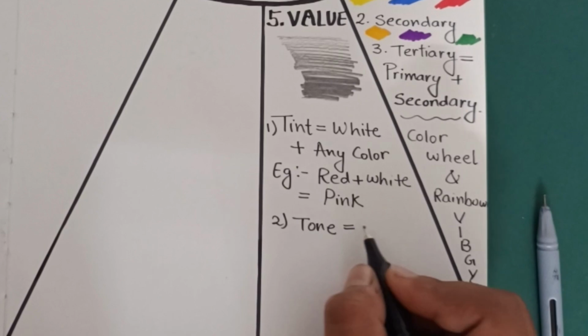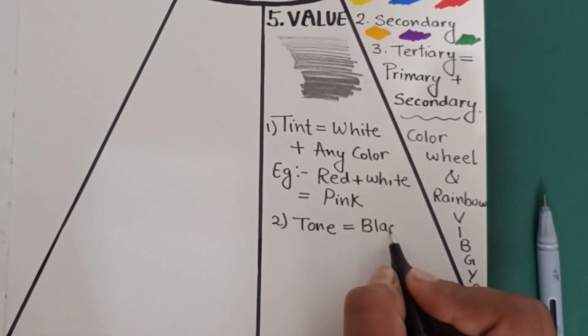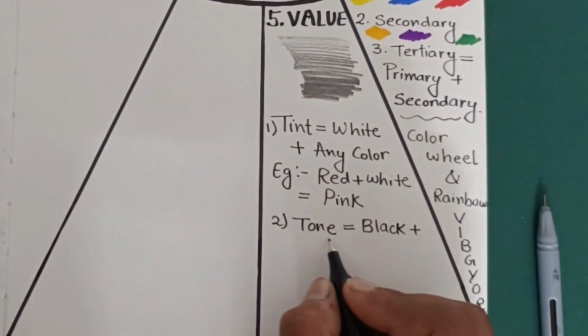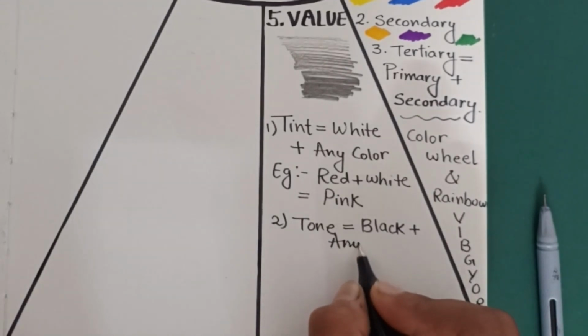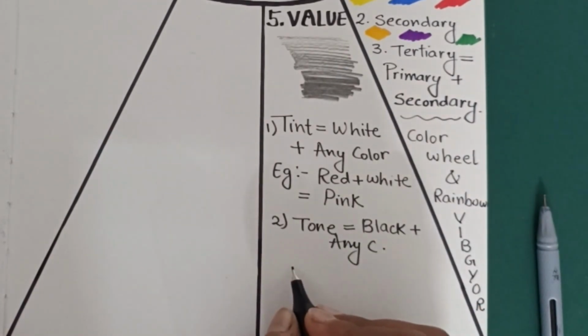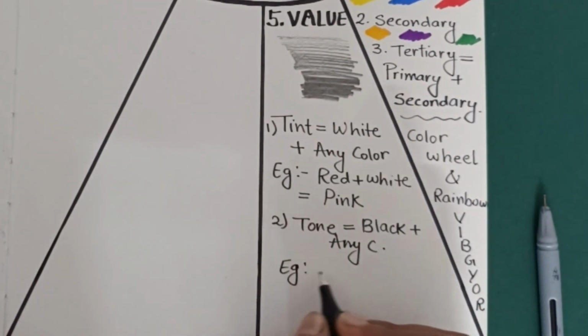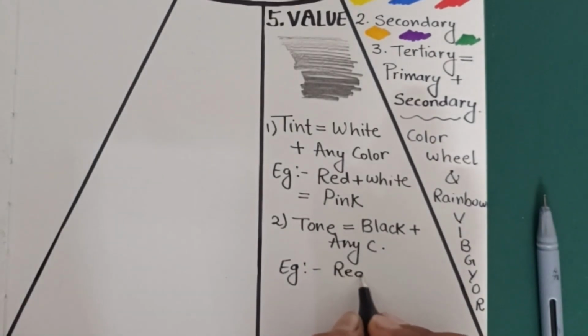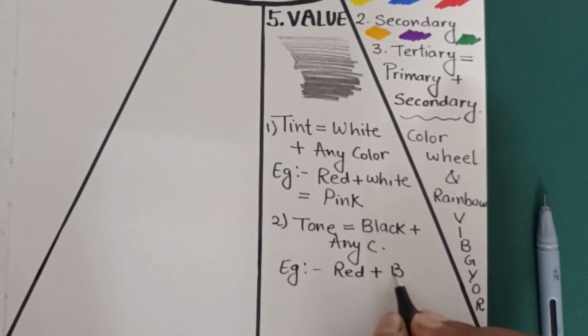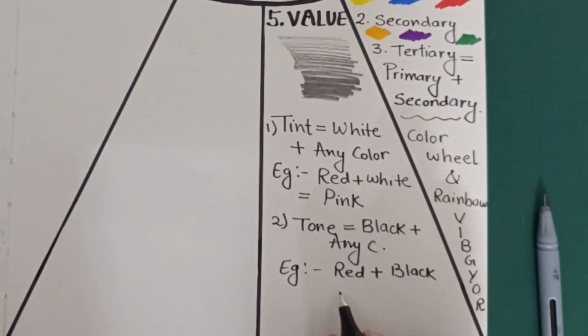If we mix black into any color, suppose we mix red color and black color, you will get a maroon color. The dark value of a red color, and pink is a light value of a red color. Alright, that's how we can understand the value. It is the lightness and darkness of a color, and it is known as value.